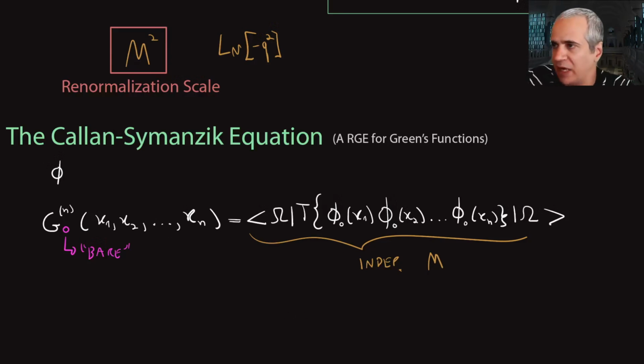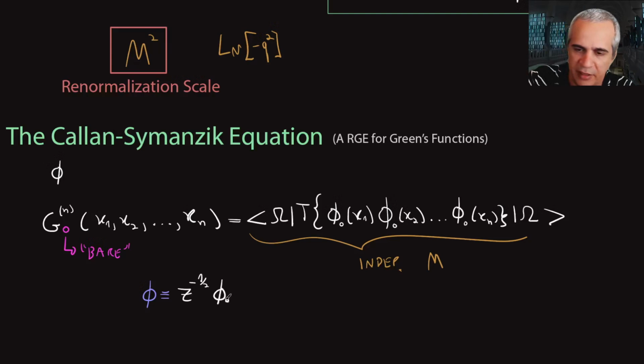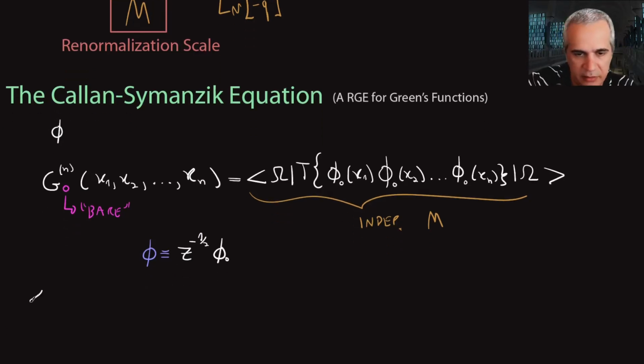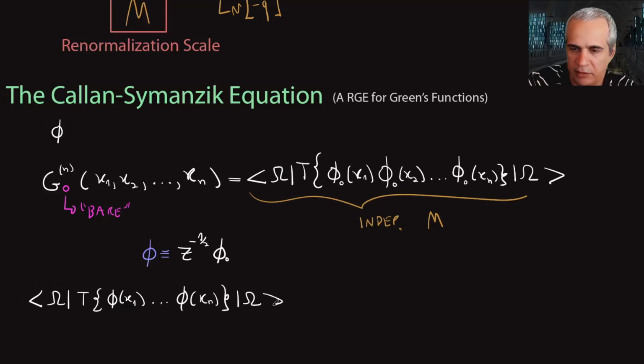Now, once I renormalize my theory, doing the usual thing, I define a field phi given by Z to the minus half times the bare field phi_0. Now I have a new Green function, which I can write like this: phi of x1 all the way to phi of xn, in the state Omega, the vacuum of the interacting theory.